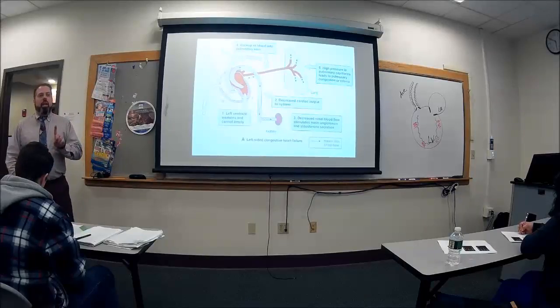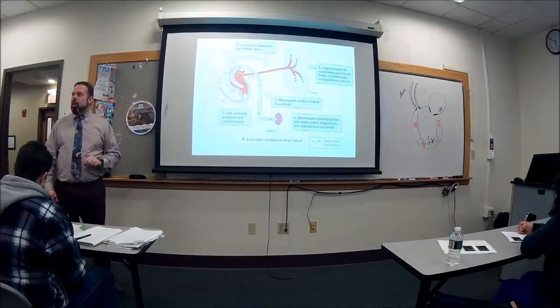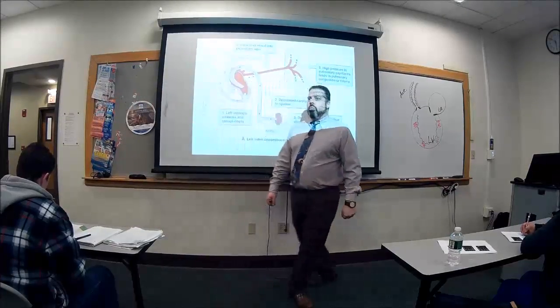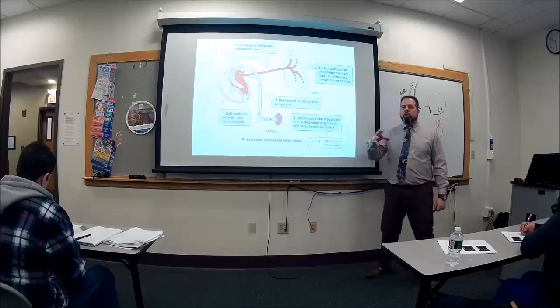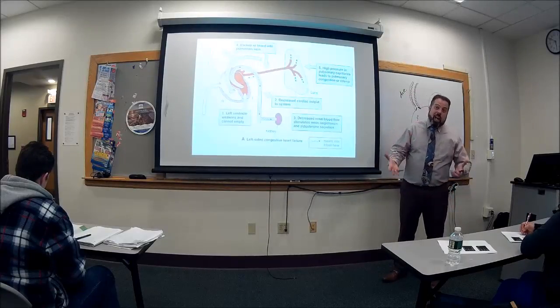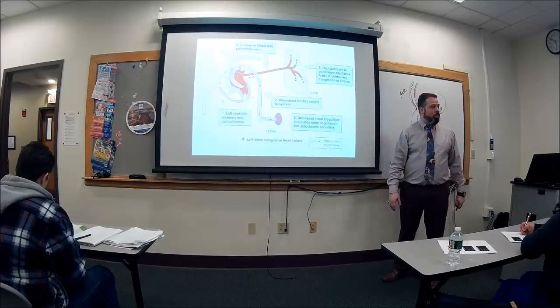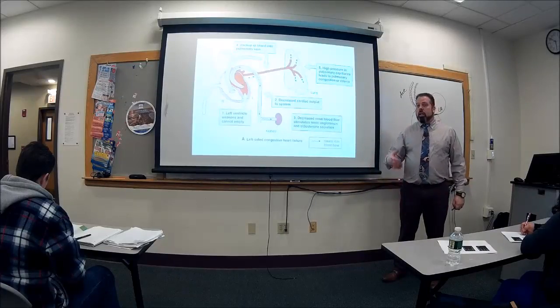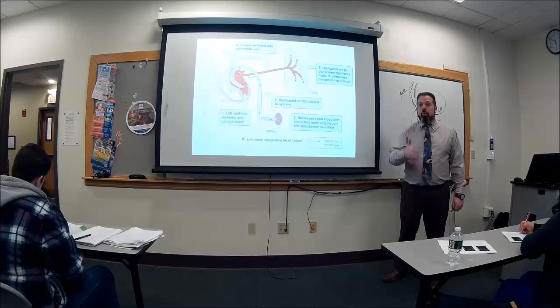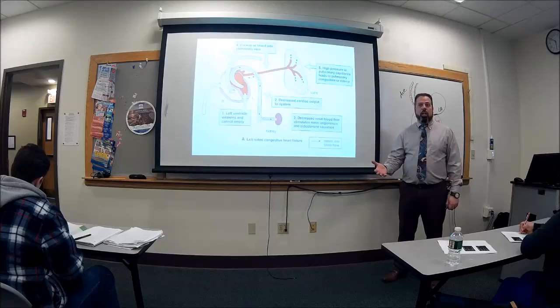Because the left heart can't push the blood forward into the aorta, a decrease in cardiac output, the left ventricle fills up with blood. Now, the left atrium can't push its blood into the left ventricle because it's already occupied with that large amount of blood. So now the left atrium gets backed up with blood. And then the pulmonary veins start getting backed up with blood.